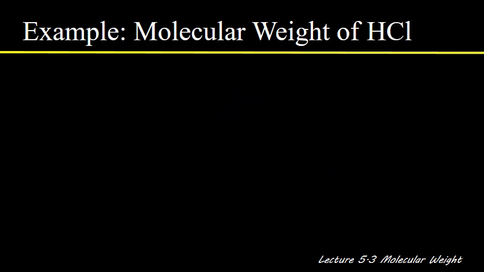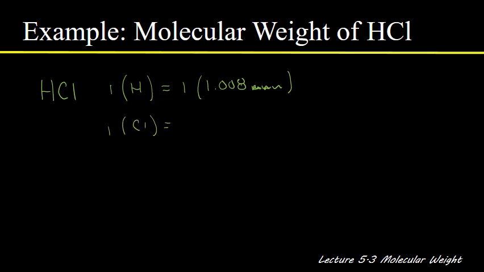All right, we'll do one that's really, really simple. The reason I'm doing this one is because I want to make a point with it. For hydrogen chloride, the formula is just HCl. That's really simple. So the molecular weight is 1 times the weight of hydrogen. My AMUs are looking horrible today. And 1 times the average atomic weight of chlorine.